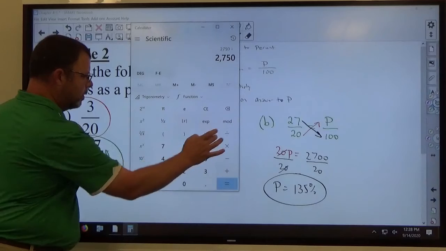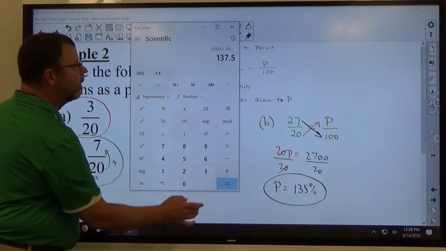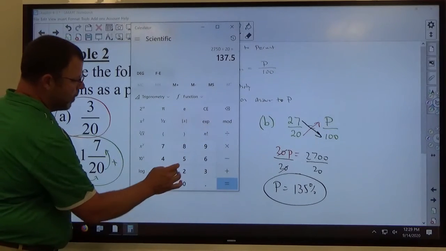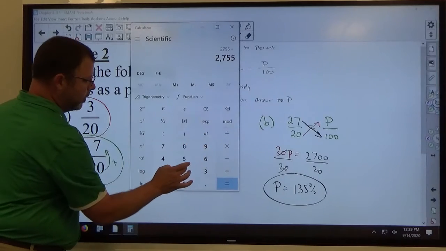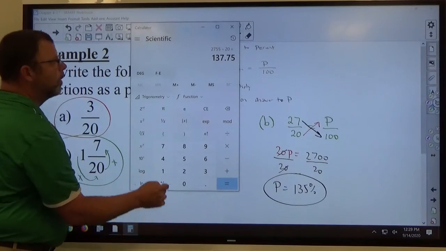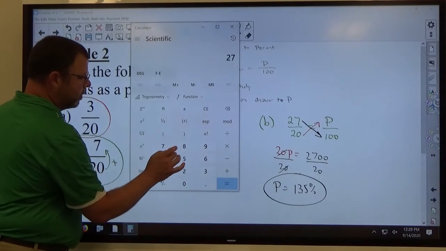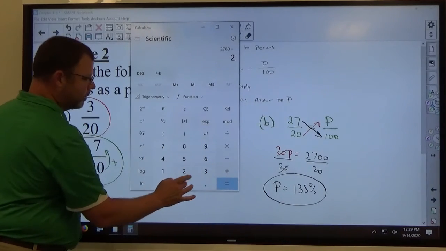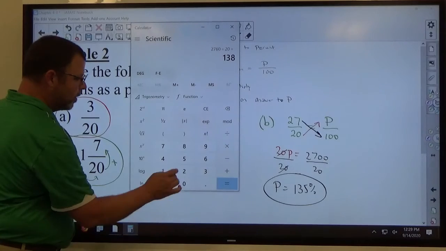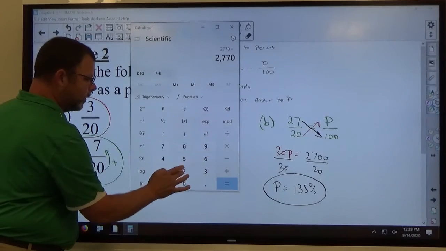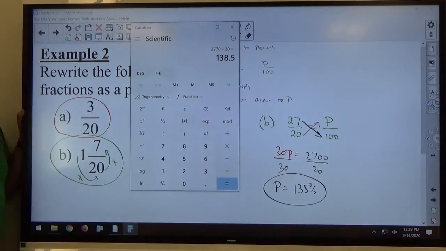I don't know, the first time I did it, I got 137.5. Maybe you did 2,755 divided by 20? No. Maybe you did 2,760 divided by 20? No. Getting closer. 2,770 divided by 20? There we go. You probably hit 2,770 instead of 2,700.